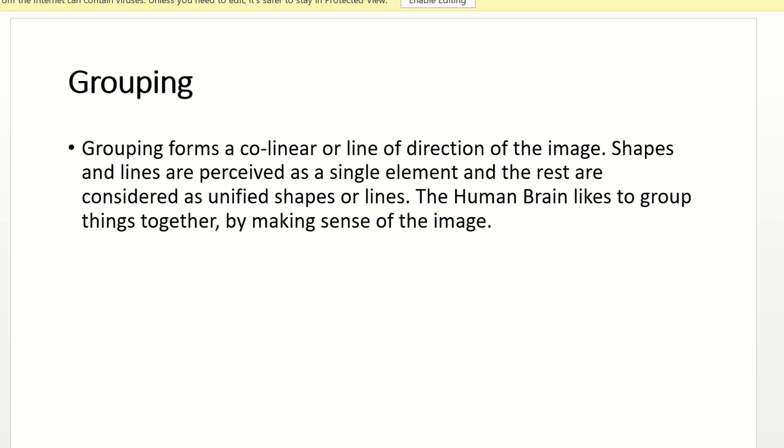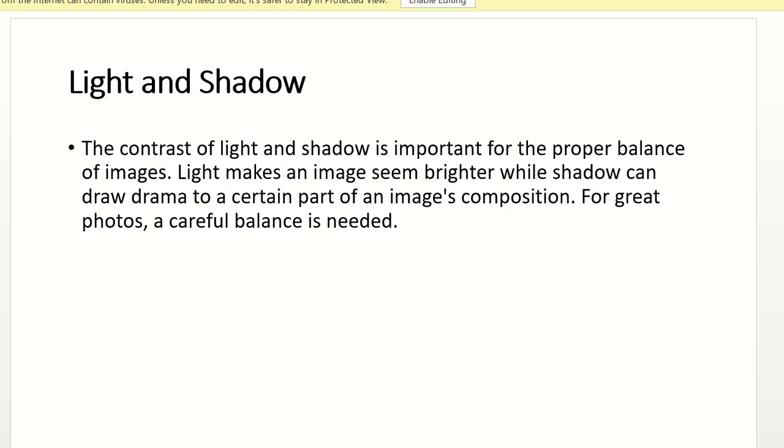Then let me talk about light and shadow. This is the contrast of light and shadow. It is important for the proper balance of images. I know you've taken a lot of photos, and for the most appropriate technique to be used, ensure you are on a light or the shadow is being shown.